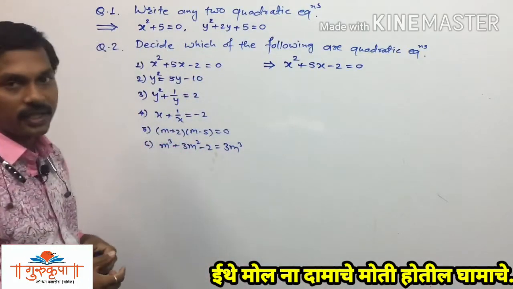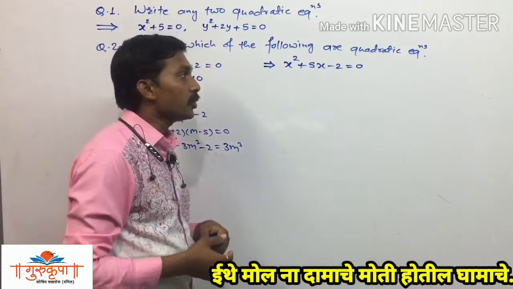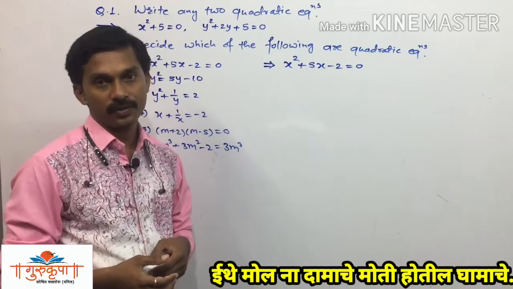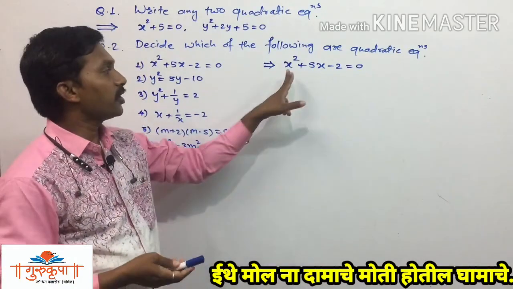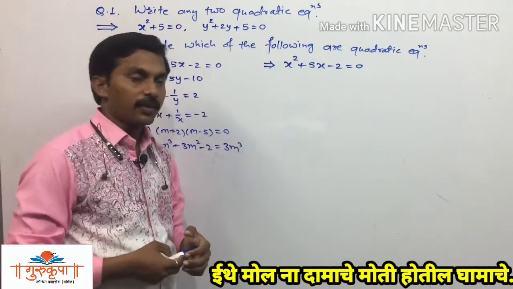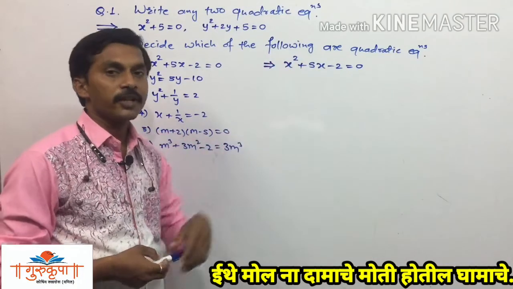As we have to decide whether it is a quadratic equation or not, we must know when an equation is a quadratic equation. We know the definition: if one variable is there and the degree of the equation is 2, then it is a quadratic equation.